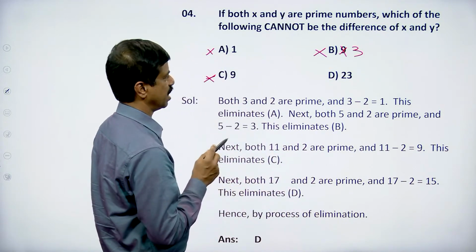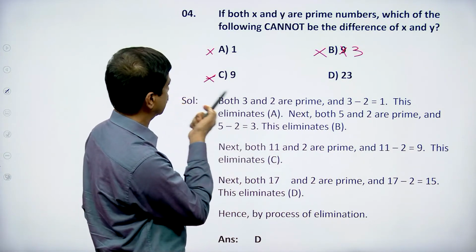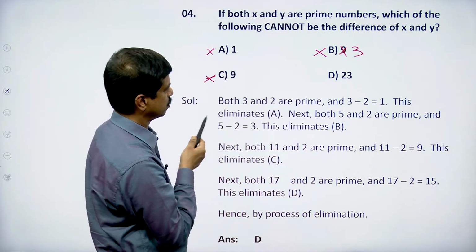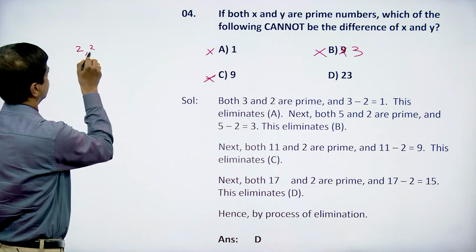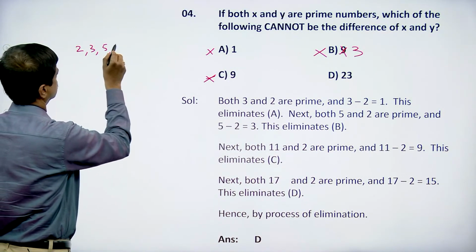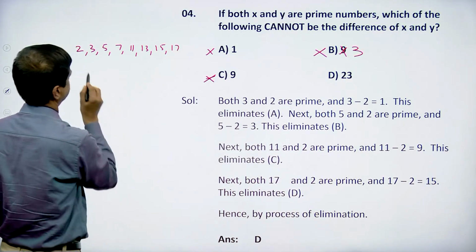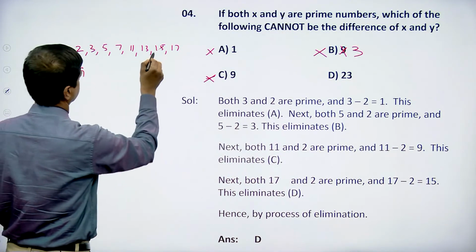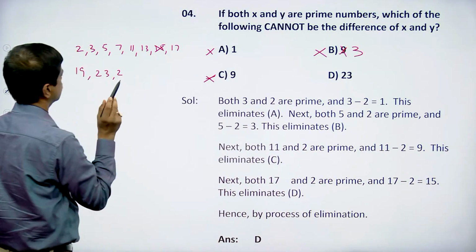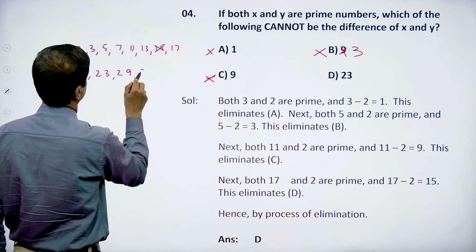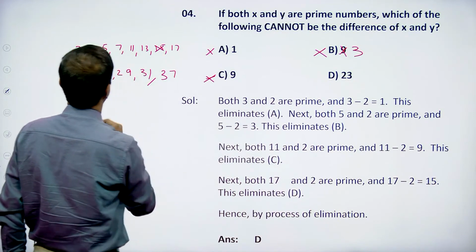So if you take 23, difference of x and y. So now we should take 2 prime numbers. See, all prime numbers are what? 2, 3, 5, 7, 11, 13, 17, 19, 23, 29, 31, 37, and so on.